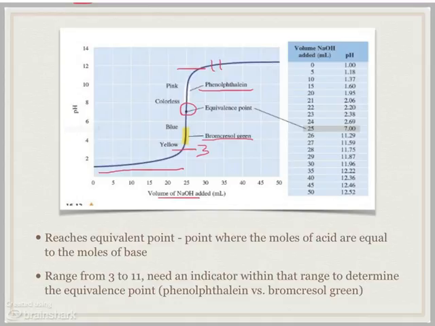It's colorless until it gets to about the 9, 10 pH range, around there. So you would want something like that, because then that will actually show you when you have more, in this case base, than you do acid, because you see that color change.